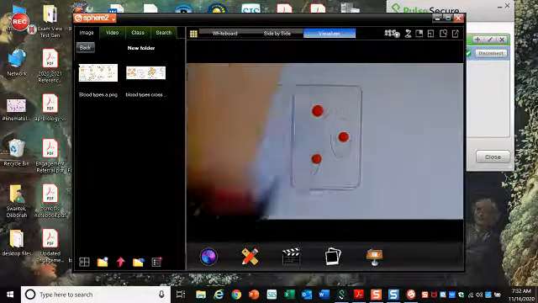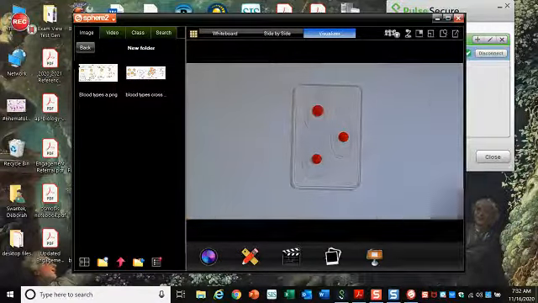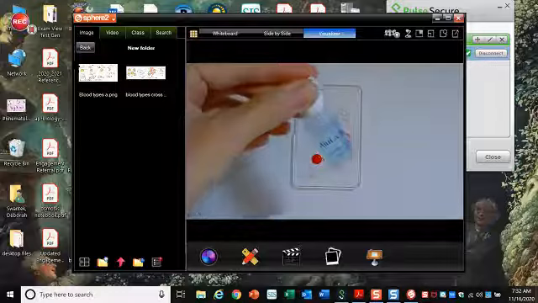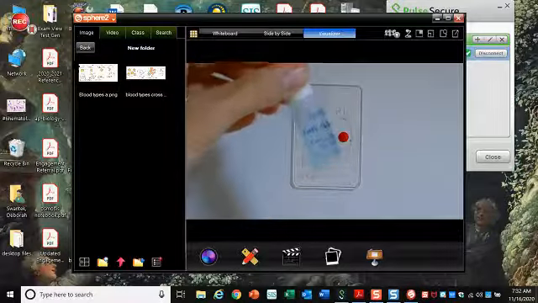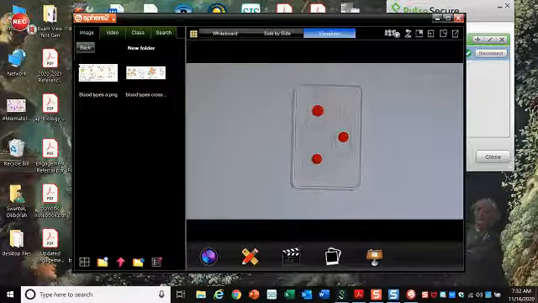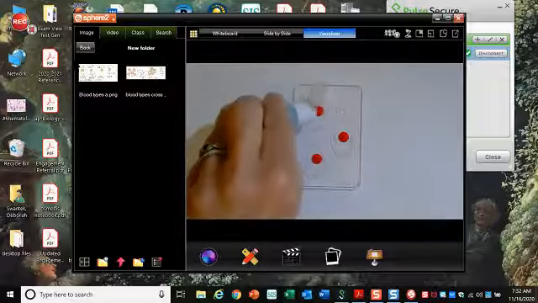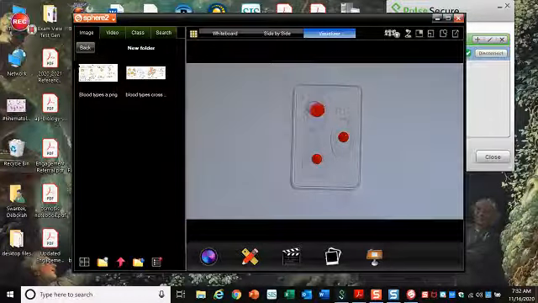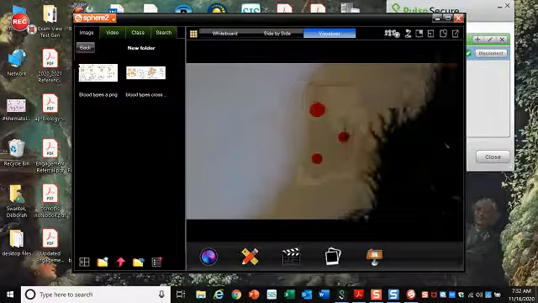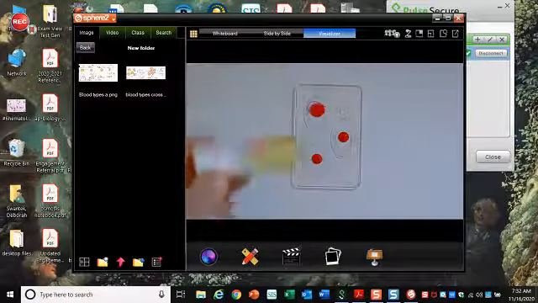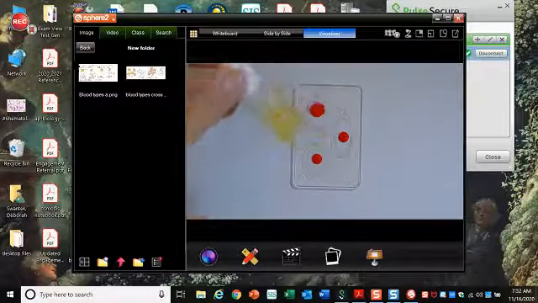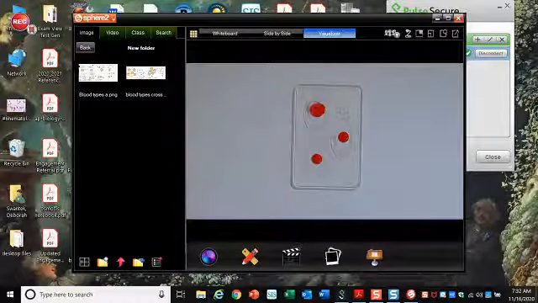Then to the well that's labeled A, I'm going to add my anti-A antibody. And to the well that's labeled B, I'm going to add my anti-B antibody.